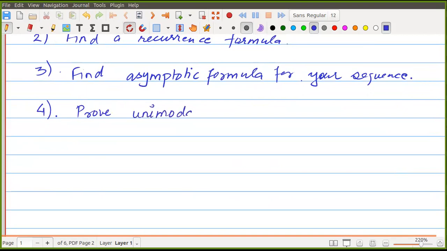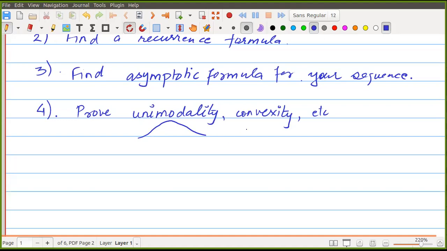What does unimodality mean? It means that some sequence, let's say, initially increases slowly, and then it starts decreasing. So something like this. At a very slow pace, it starts increasing and then it starts decreasing. So such sequences are unimodal.